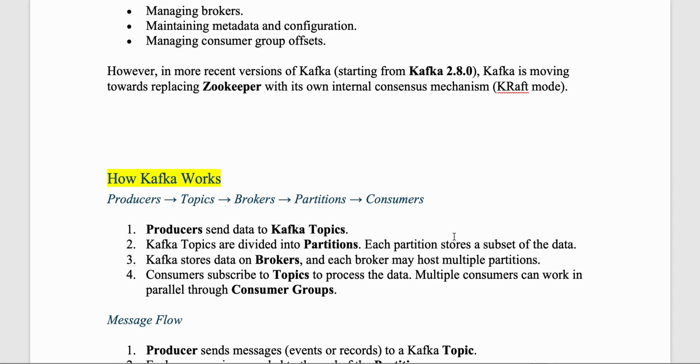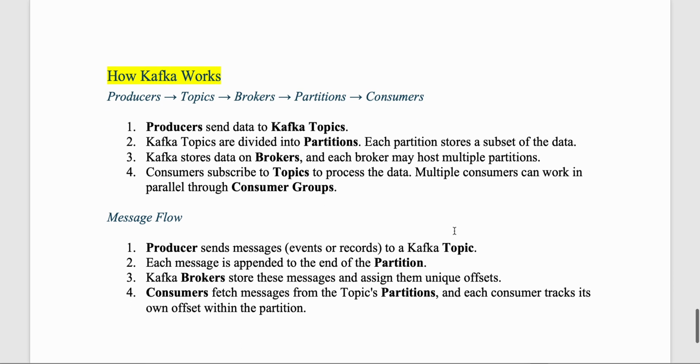In a simple way you can understand: the producer produces data to the topic, the consumer consumes the data from it, and each topic is divided into partitions stored on different brokers. Consumers subscribe to a topic to process the data, and multiple consumers can work in parallel through consumer groups. The producer sends data to a Kafka topic.